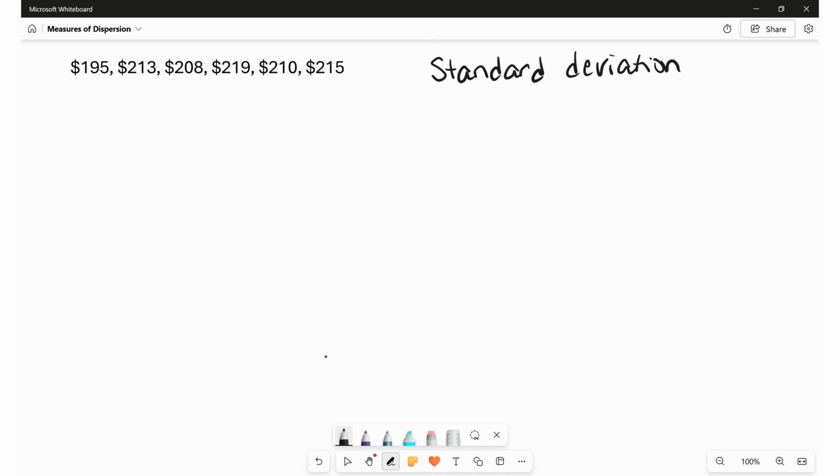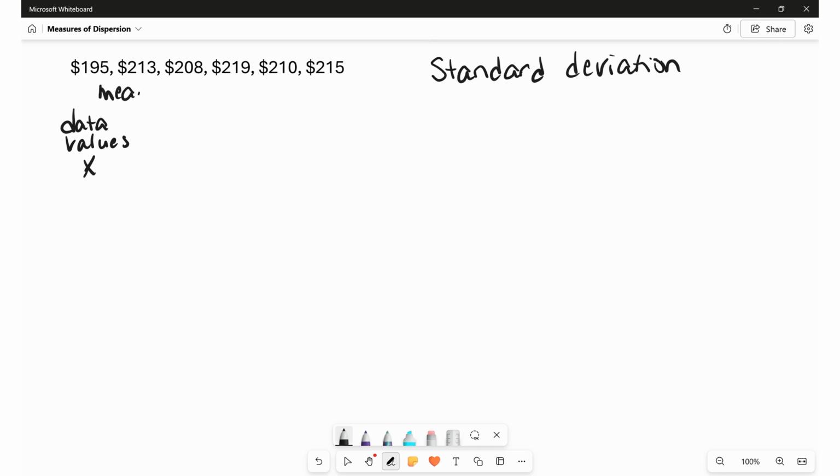It is usually helpful when we are calculating our standard deviation to set up a chart. So let our data values be our X value. Then something that is important to know is the mean.